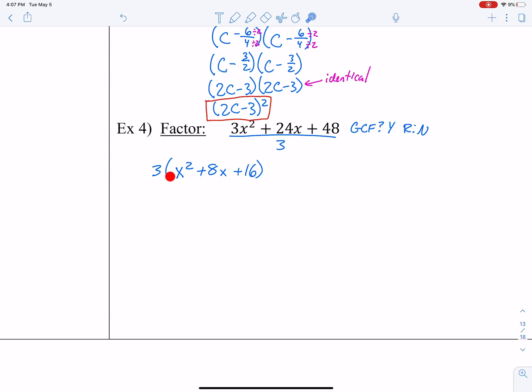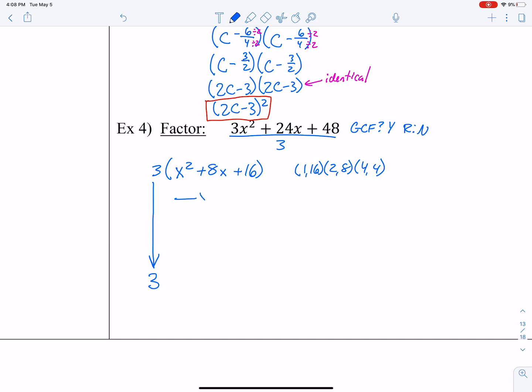Now because there's nothing in front of my x squared here, that means I'm dealing with the regular method. I don't need to circle anything and multiply. And I do need to remember my 3 as my very last step. So I need all my factors of 16. I have 1 and 16, 2 and 8, and 4 and 4.